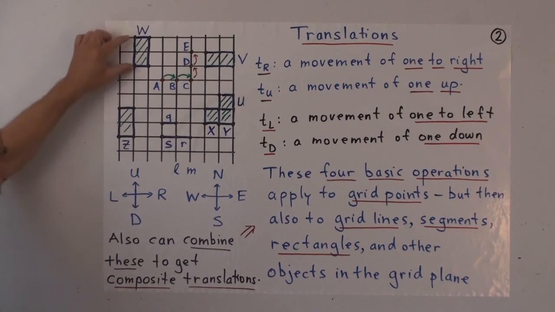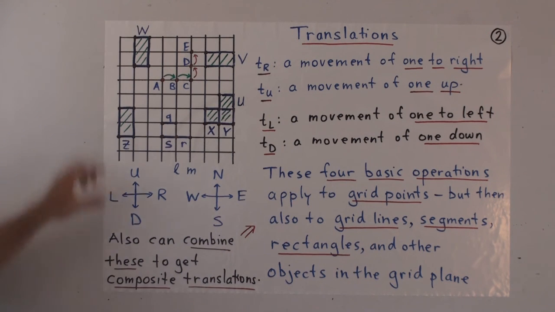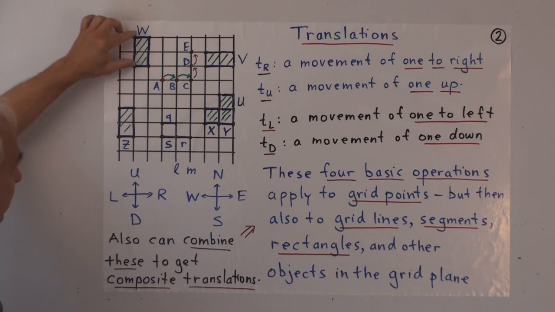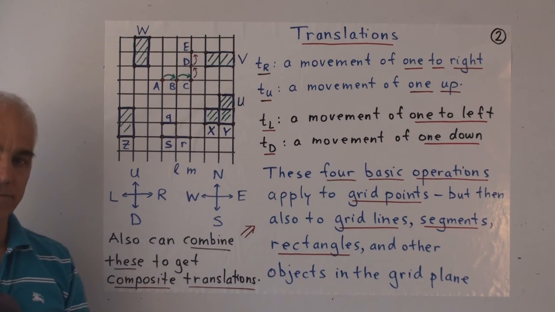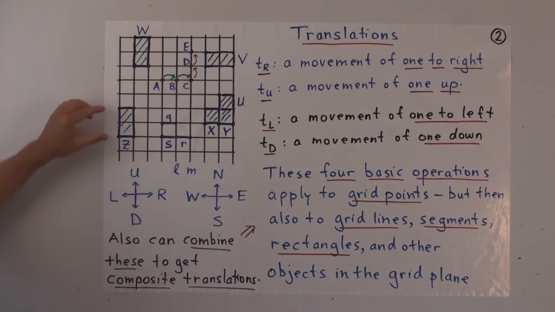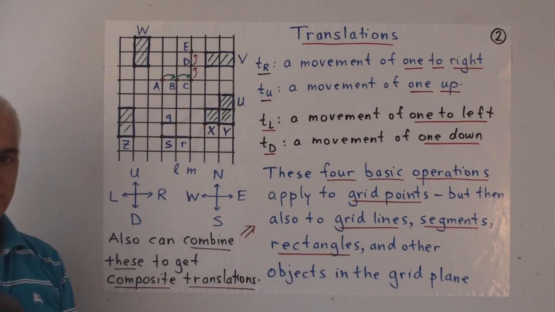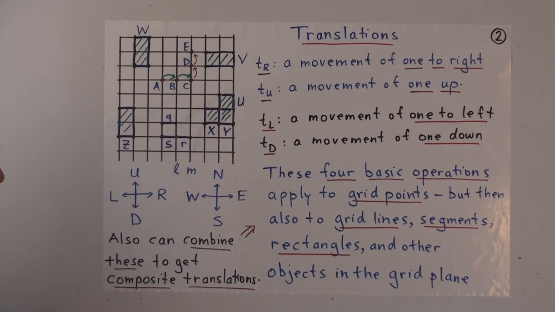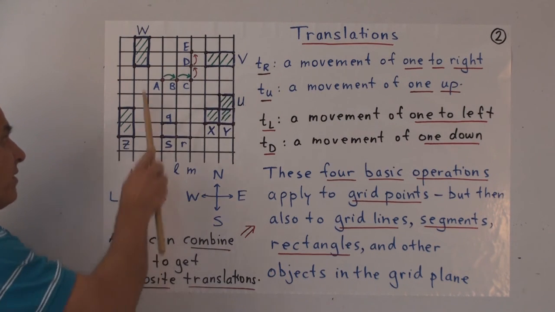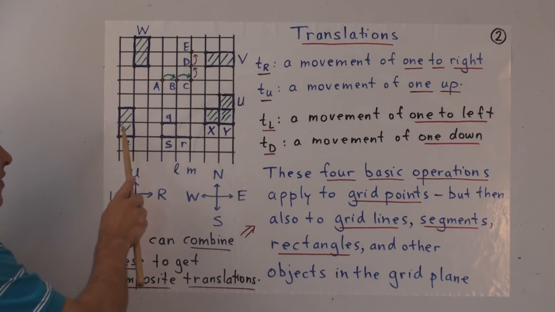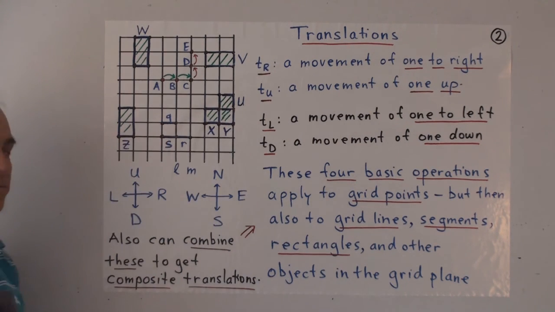So we might say that they're identical rectangles, but they're in different positions. If we want to move from this one to this one, how could we do that? Well, we could think about moving the entire rectangle 1 to the right, and then 1, 2, 3, 4, 5 up. So that composite translation, 1 right, 5 up, would get us from Z to W.